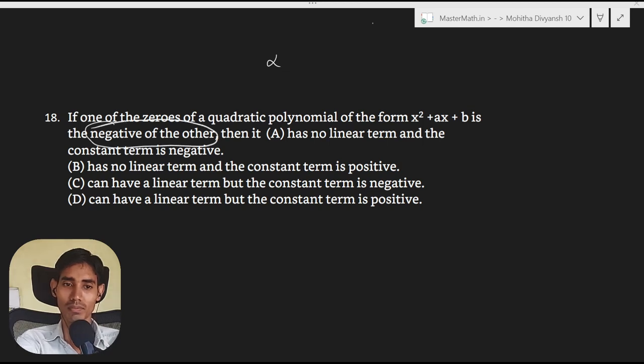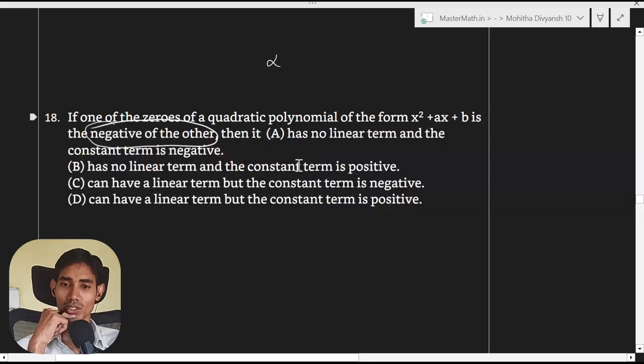Negative. So take some example, that's it.